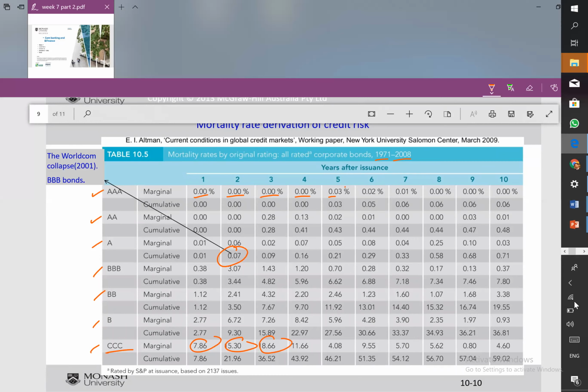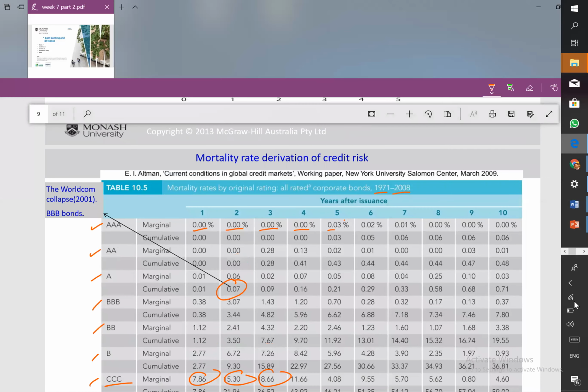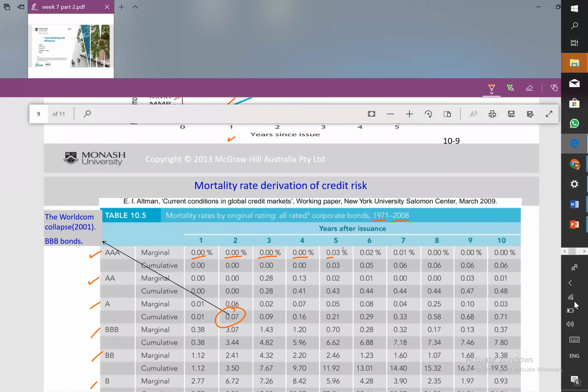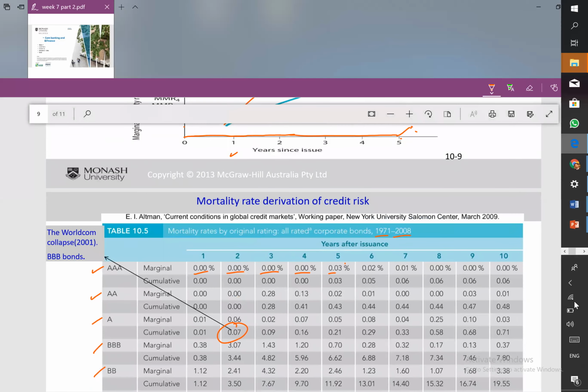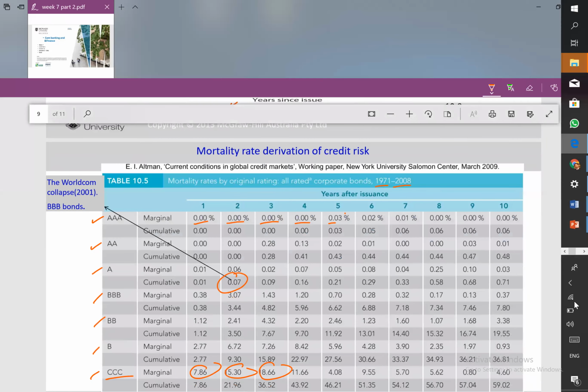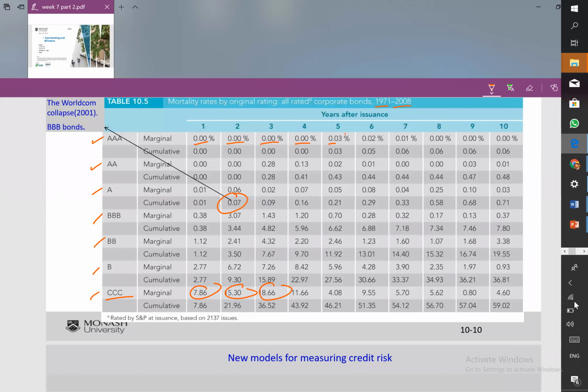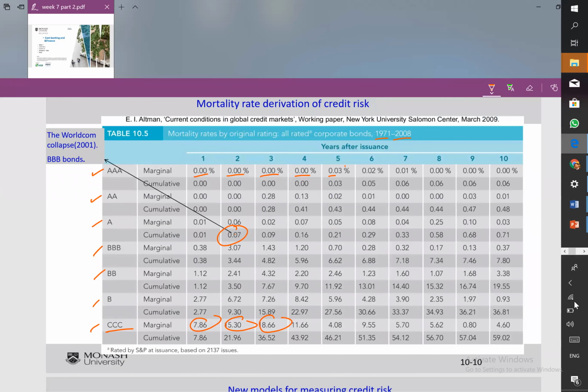So this is the last 10 years, I think, from 2001 to 2009. They defaulted in this year, 2001, yes, this is the year 2001 when they actually defaulted. So if this is from 2000 to 2009, this is when they default during that crisis.